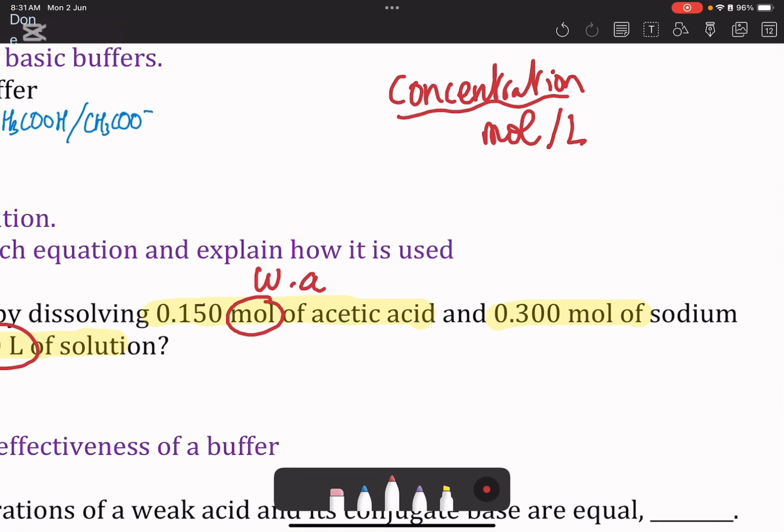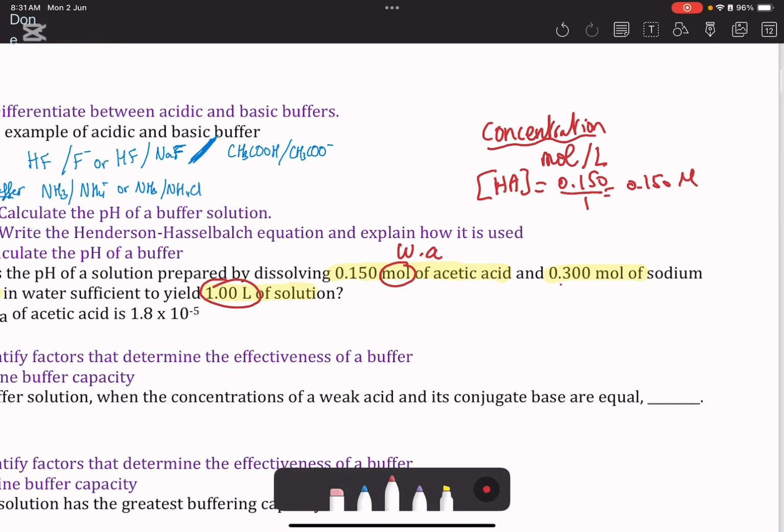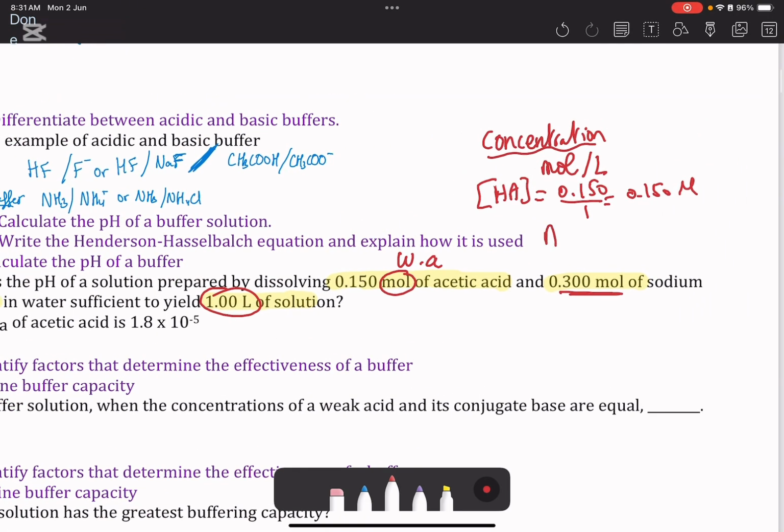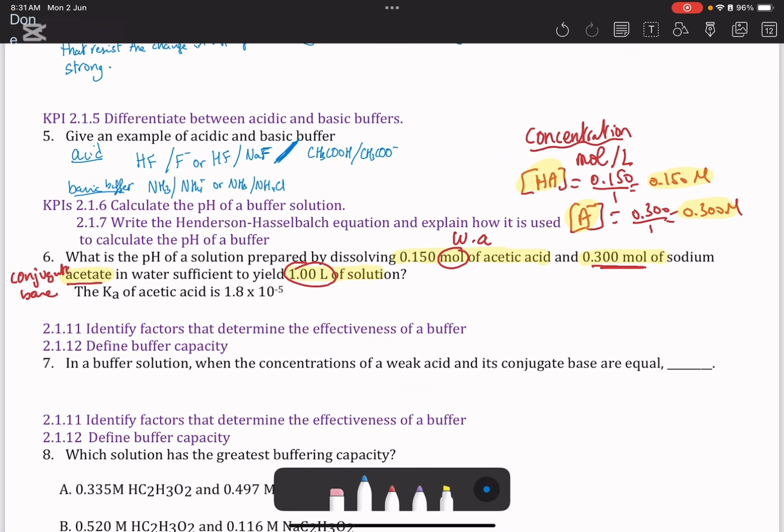So here we can say that the acetic acid, I'm going to use it as HA, has a concentration of 0.150 over 1, 0.150 molar. And the concentration of its own conjugate base, the acetate, is 0.300 over 1, 0.300 molar.